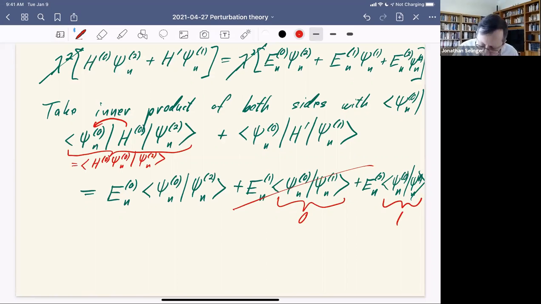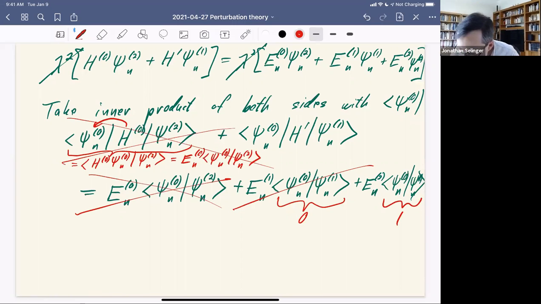We know what the old Hamiltonian does to the old wave function. It produces E0n times the old wave function. So then we have E0n times this inner product of psi 0n with psi 2n. And now this term exactly matches the first term on the right side. So this cancels all of this, and those terms go away.